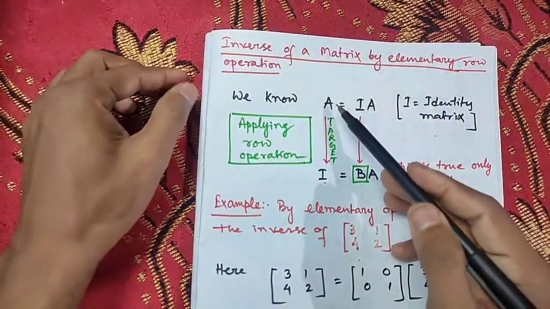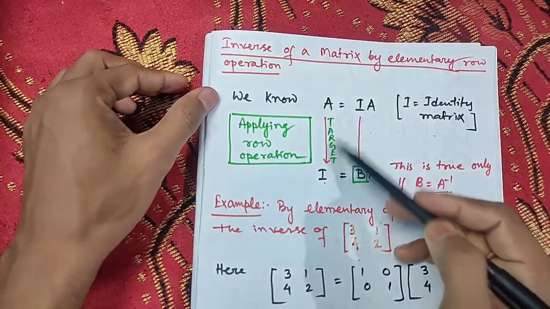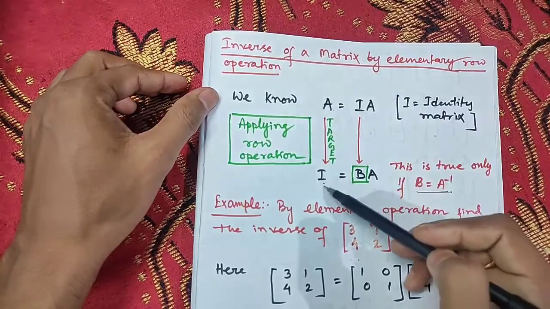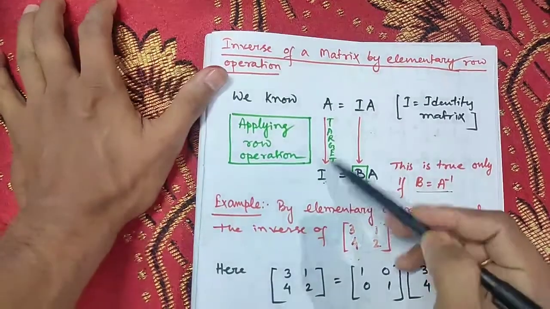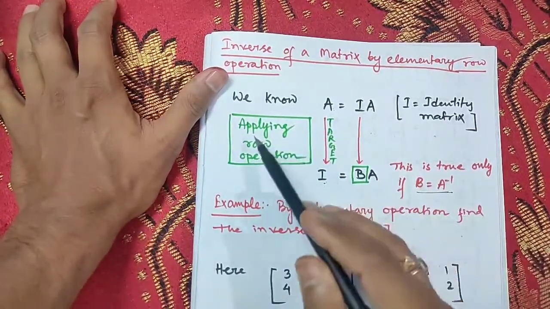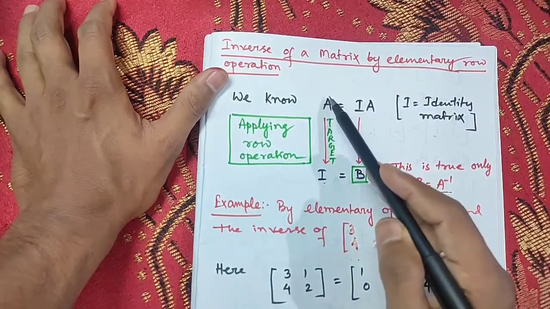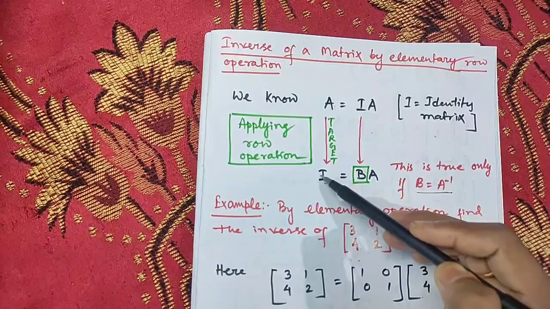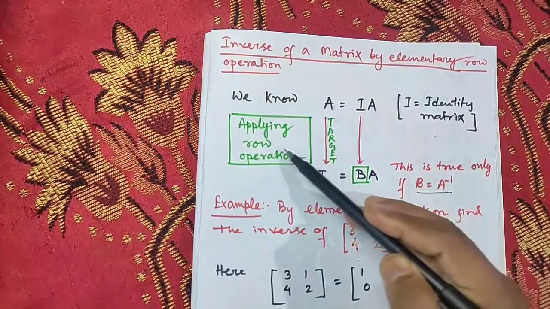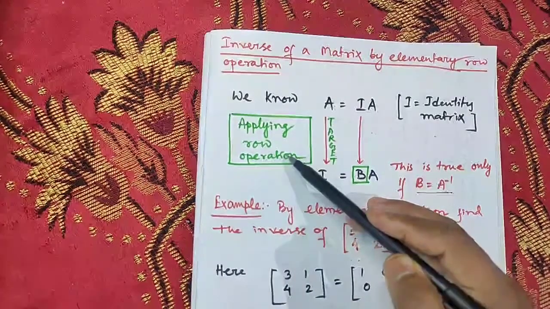So here your target will be, you have to change this A into I by elementary row operation. This A matrix you have to change into I by applying elementary row operation or column operation.